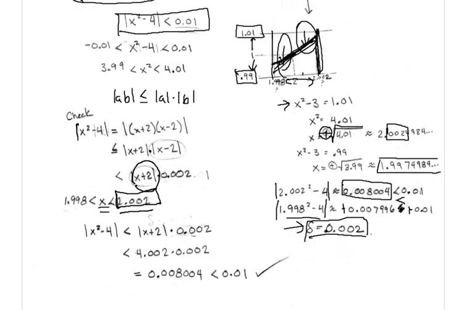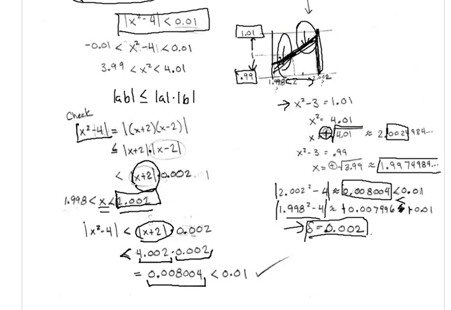So then what I'm trying to look at would have to be less than the absolute value of x plus 2 times 0.002. And since this is less than 4.002, I can bound that. Then when I multiply these two values together, I get this.